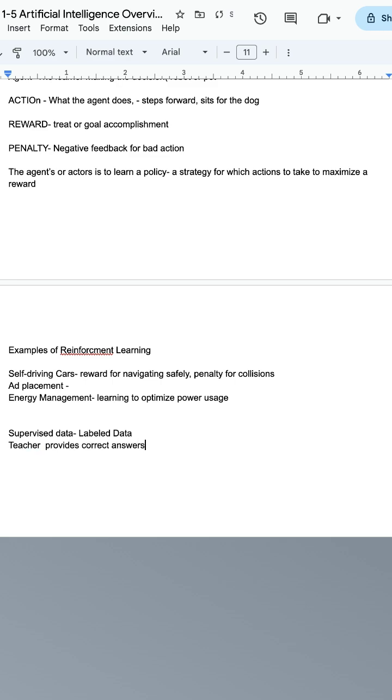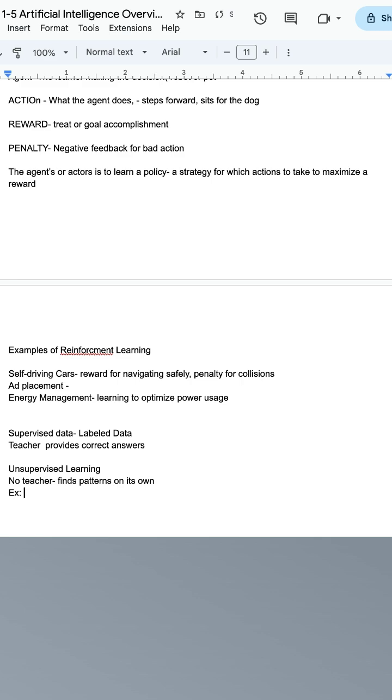It is used for predictions based upon past information and classification. Then you have unsupervised learning, when there is no teacher and the AI is tasked with finding patterns on its own. We use this for clustering and discovery.